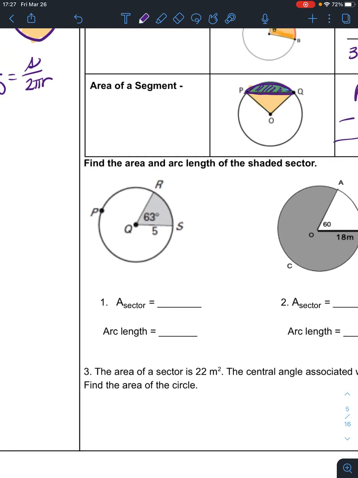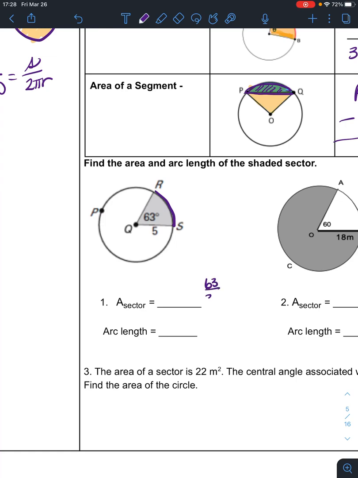So let's look at a couple of examples. It's going to tie together what we did previously too, because we want the area of the sector and the arc length. So I want the area of that small piece and I want the length of the arc of that small piece, RS. Okay, the actual length of the arc, not the measure of the arc.